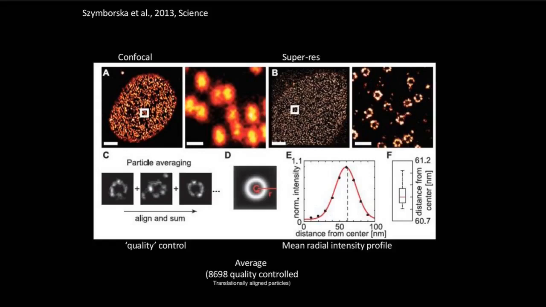And of course the problem is that although this is nice super resolution data, there isn't quite enough detail to do a really nice alignment, so you end up with a ring. But you can measure the distance from the center of the ring, and you can see what that is, but you're not getting all of the information that perhaps you could get out.